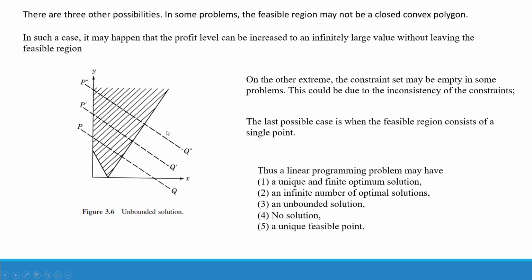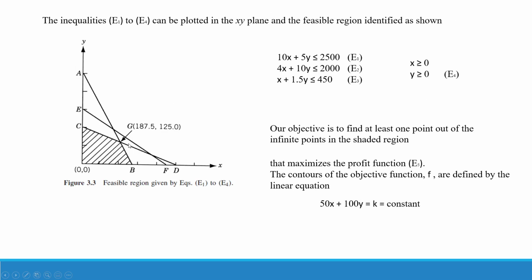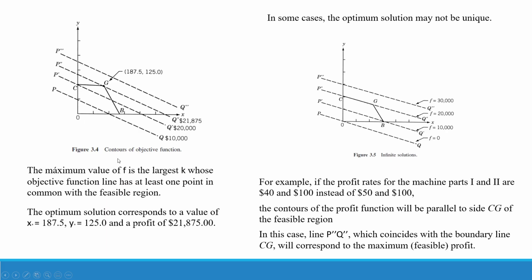Another possibility is that the feasible region may not be closed convex. We mean closed convex when the whole region making up the feasible solutions is closed.